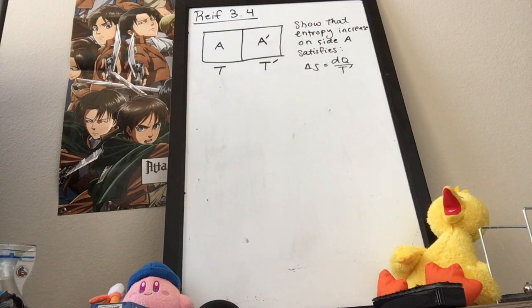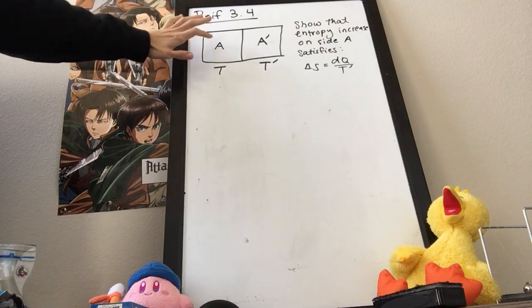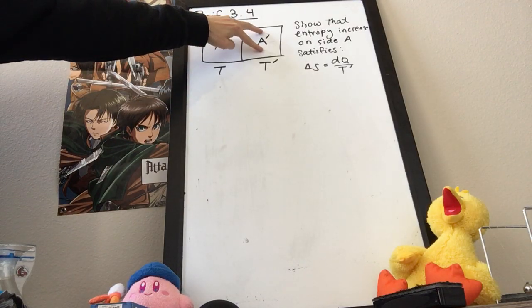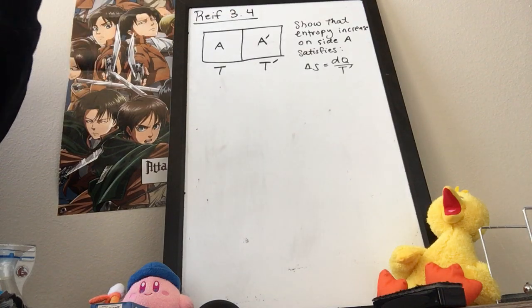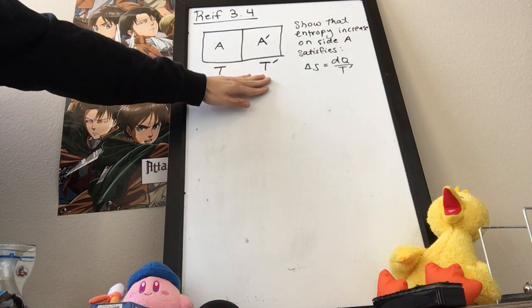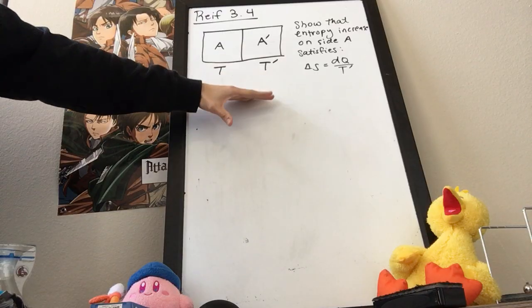The problem statement itself says that we suppose that a system A is placed into thermal contact with a heat reservoir A prime, which is at an absolute temperature T prime, and that A absorbs an amount of heat Q in this process.